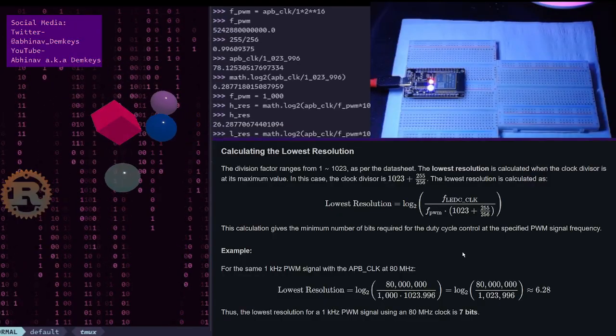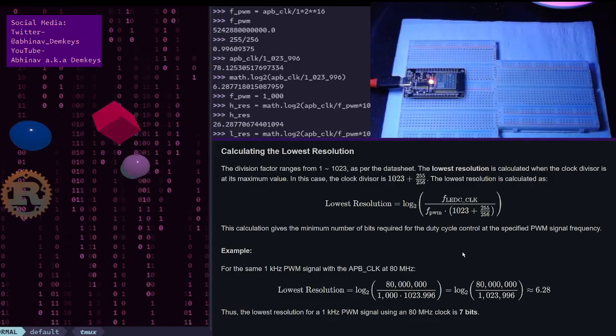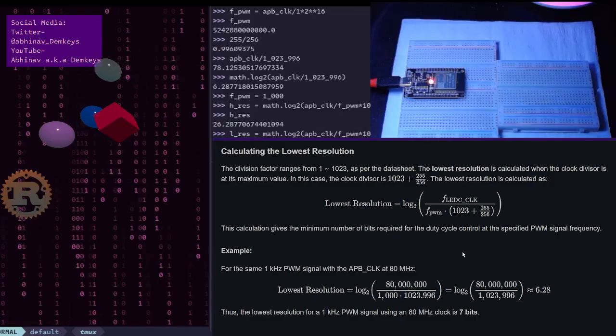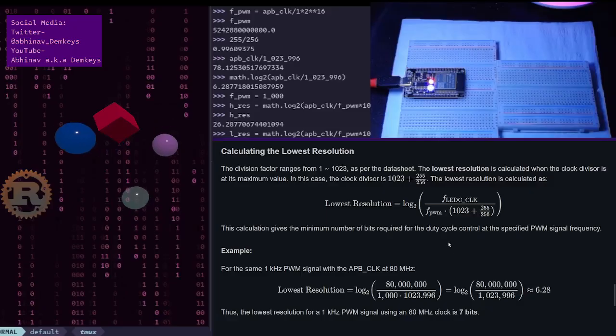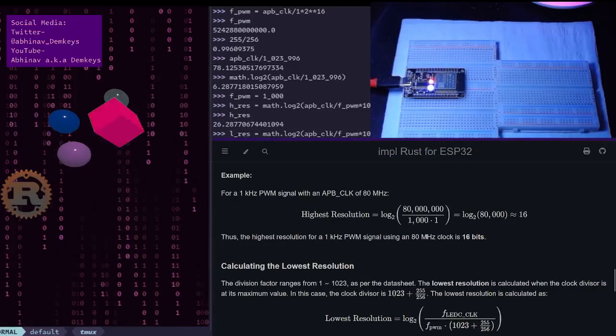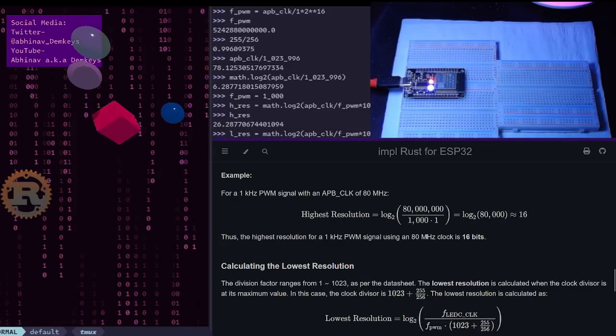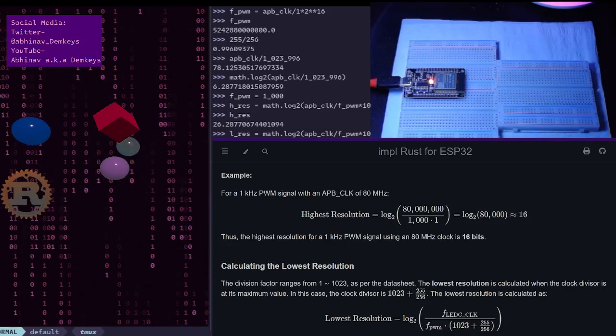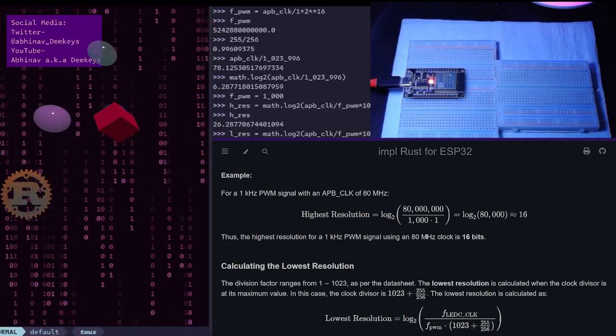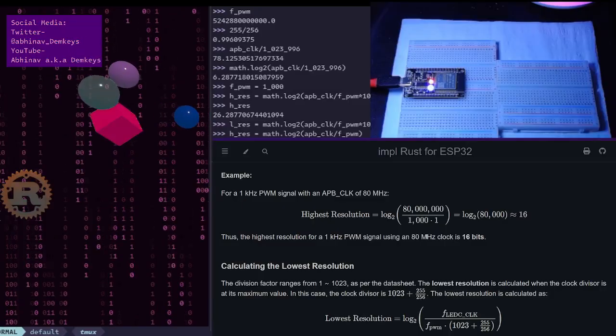Now let's do HRes. HRes is equal to math.log2 of APB clock divided by this, so that is our f_PWM. Okay, LRes.